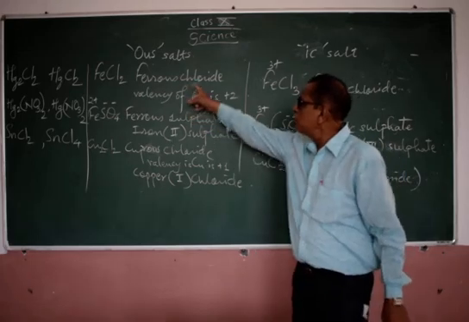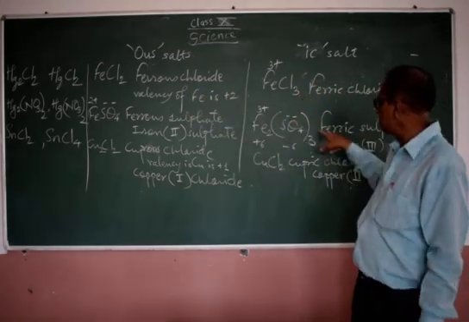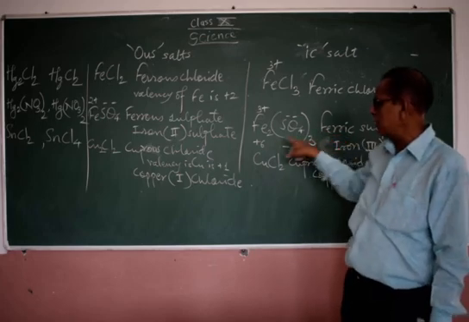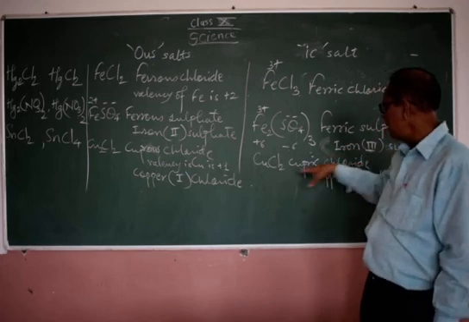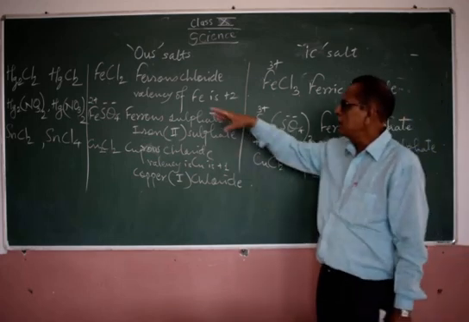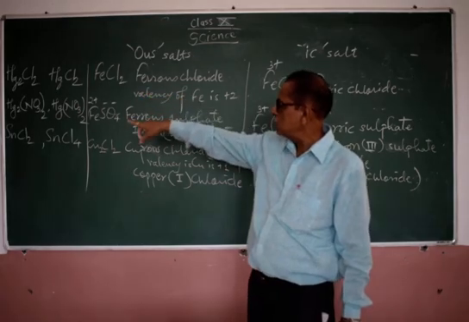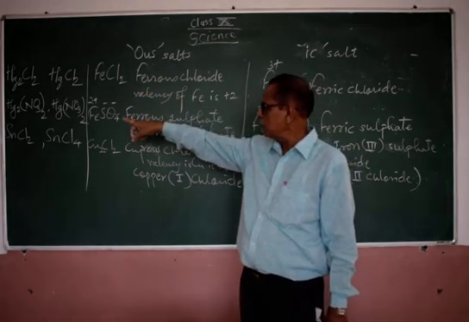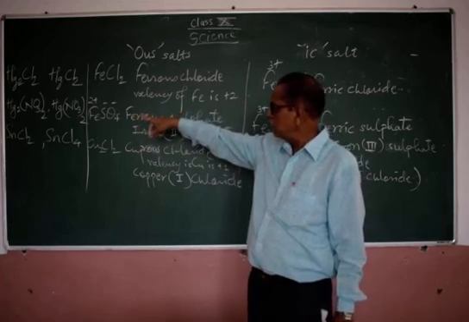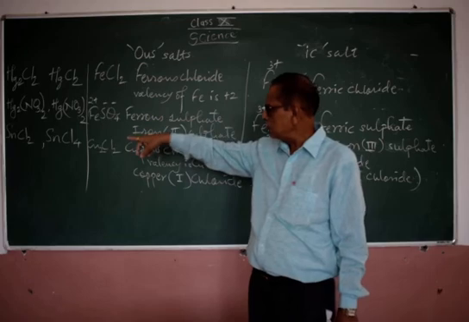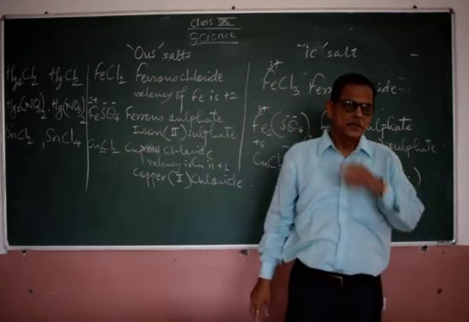So FeCl2 ferrous chloride, FeCl3 ferric chloride, ferrous sulfate FeSO4, ferric sulfate Fe2(SO4)3, cuprous chloride Cu2Cl2, cupric chloride CuCl2, mercurous chloride Hg2Cl2, mercuric chloride HgCl2, mercurous nitrate Hg2(NO3)2, mercuric nitrate Hg(NO3)2, SnCl2 stannous chloride, SnCl4 stannic chloride.